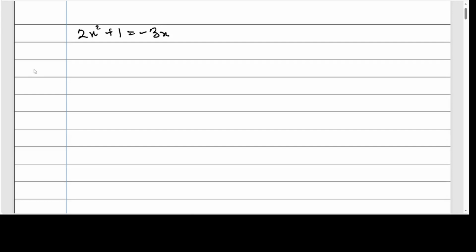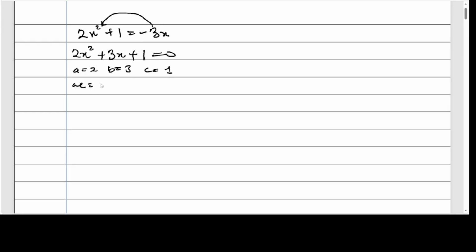You have to rearrange all the terms to one side, and the other side has to be equal to 0. I'm going to move the 3x right here. So I have 2x squared, and because it is negative, the other side becomes plus 3x, and then plus the 1 here equals 0. Our a is 2, b is 3, and c is 1.